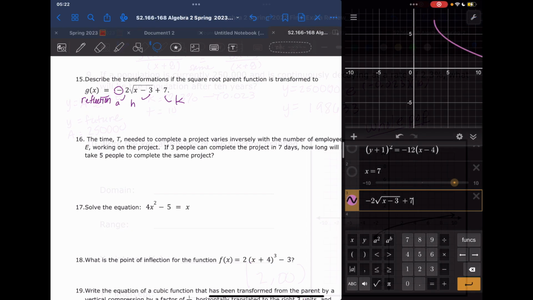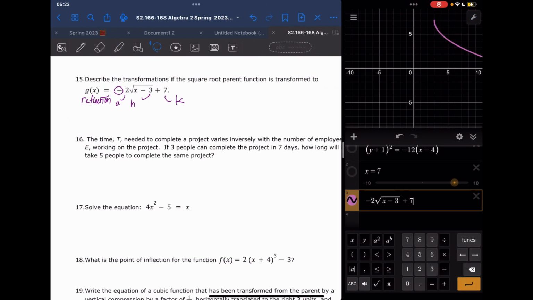You can describe the transformation if the square root parent function is transformed: g of x equals negative 2 square root of x minus 3 plus 7. So with that in mind, it's going to be a reflection across the x-axis. That's going to be the negative. The a is a vertical stretch because it's a whole number.